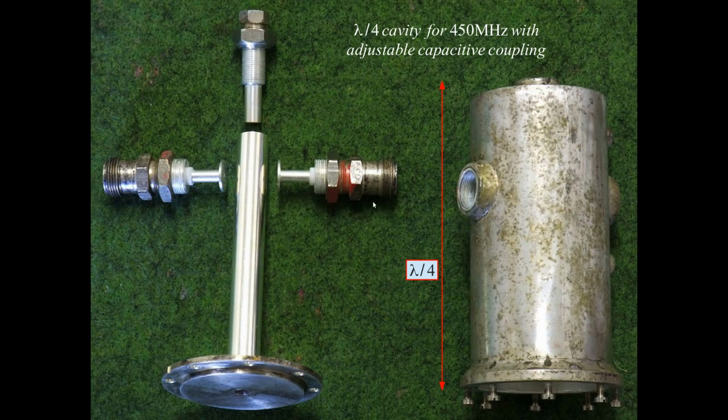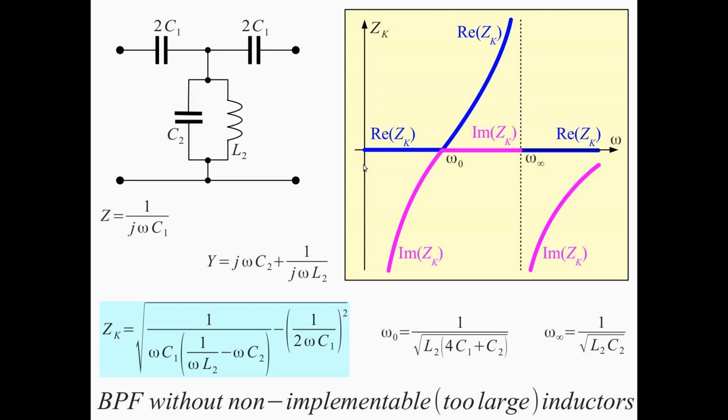This arrangement of capacitors can be made perfectly matched on the desired frequency. We can choose all the components, so we have 0 imaginary ZK and real ZK exactly of the value of our system. So this filter can actually be made to work very, very well.